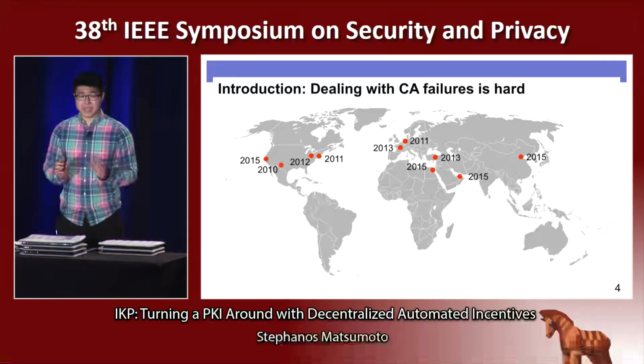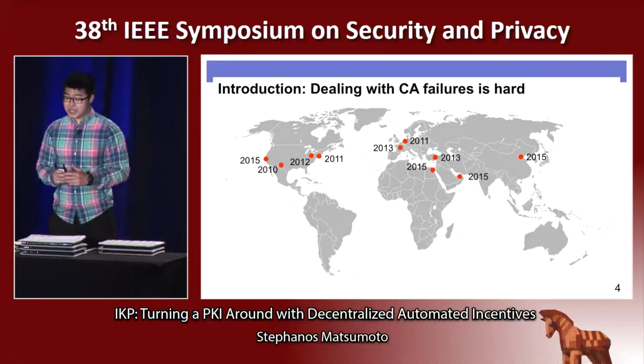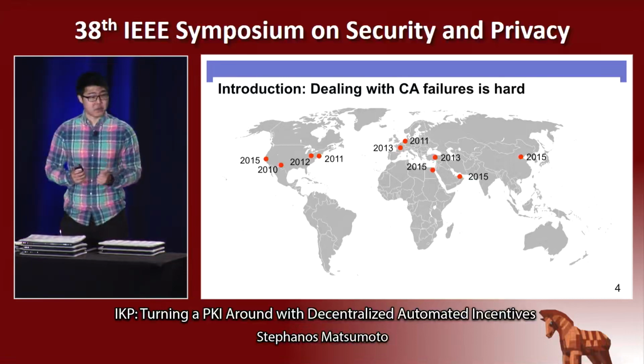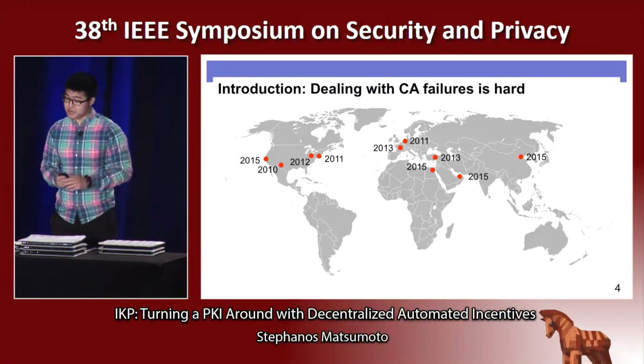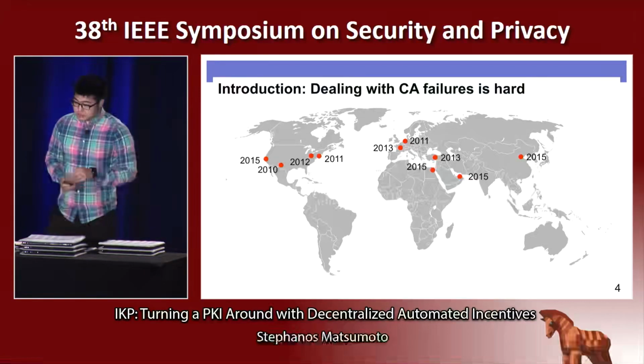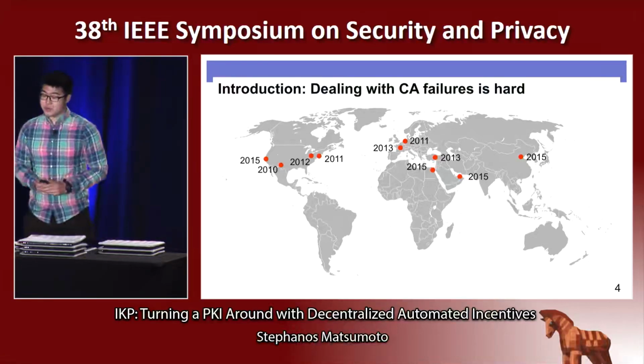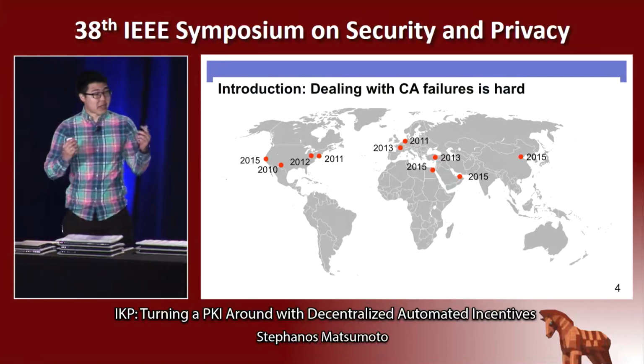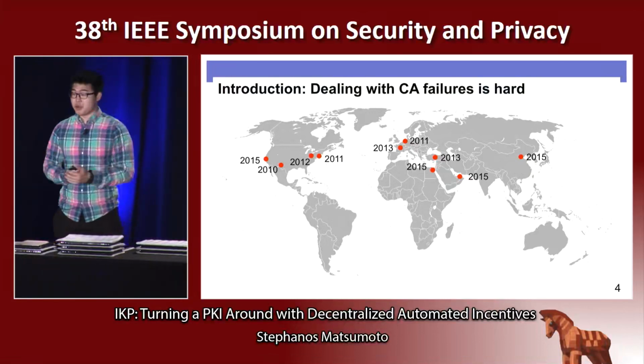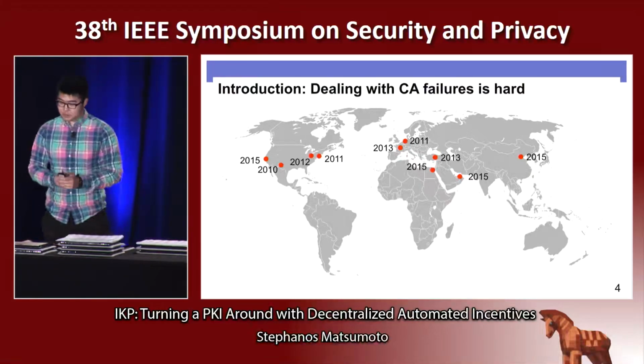Now, you probably haven't heard of most of these CAs, but because all of them were at the time trusted by most major browsers and operating systems, they could have basically done a man-in-the-middle attack on your browser at the time.